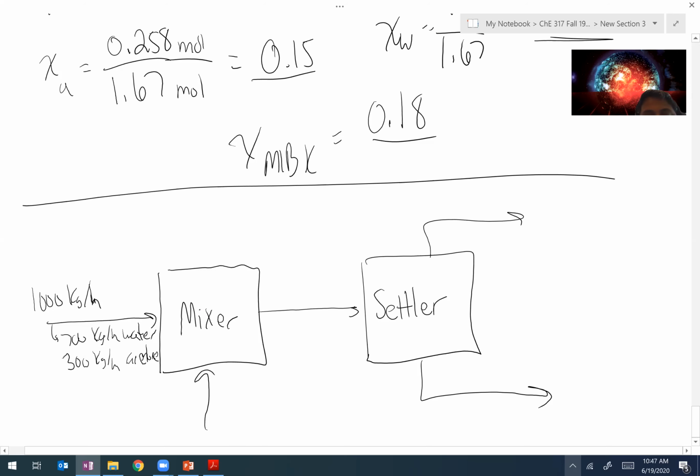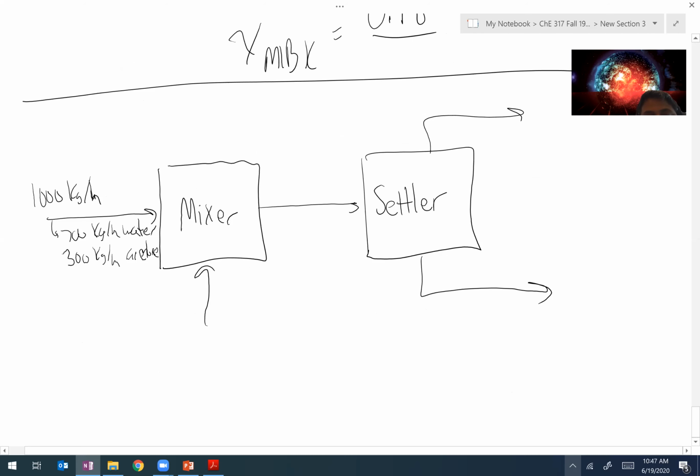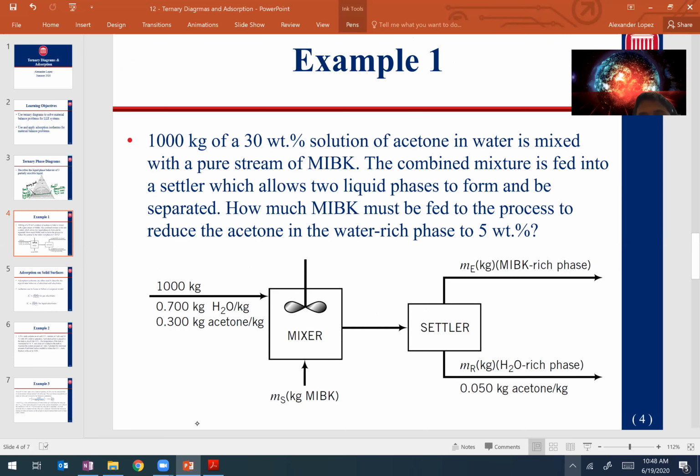And I don't know how much MIBK I have. So this is going to be M2 and it's MIBK. I do know I'm going to have two phases, an MIBK-rich phase that forms and a water-rich phase that forms.